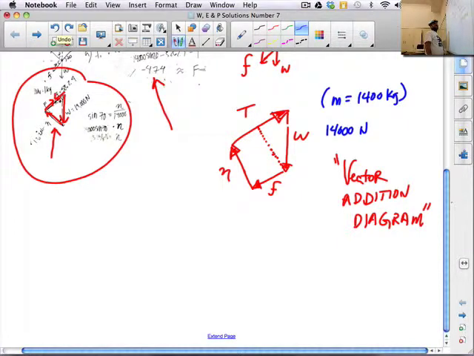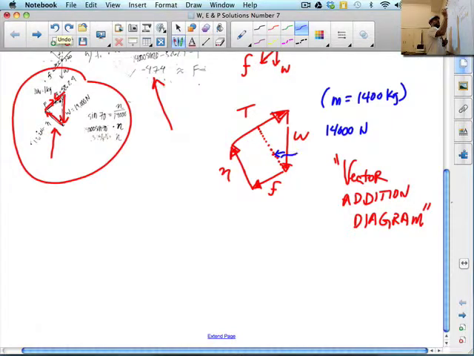From the weight, you can figure out an angle here. If your ramp is tilted 20 degrees, this angle right here, your normal force will be tilted 20 degrees also.